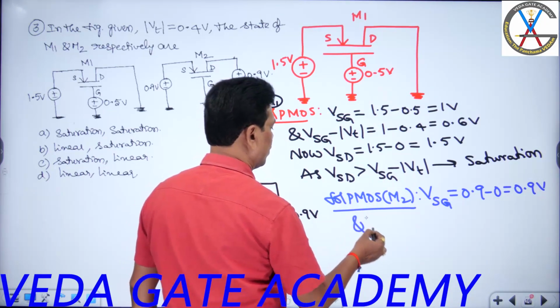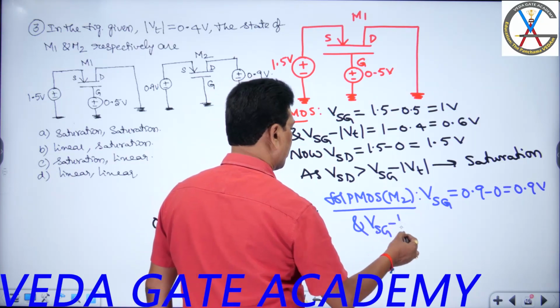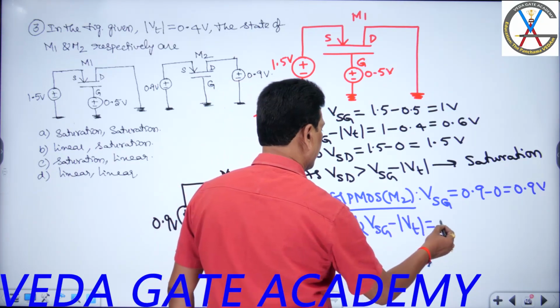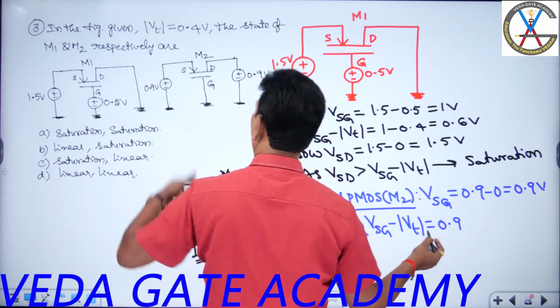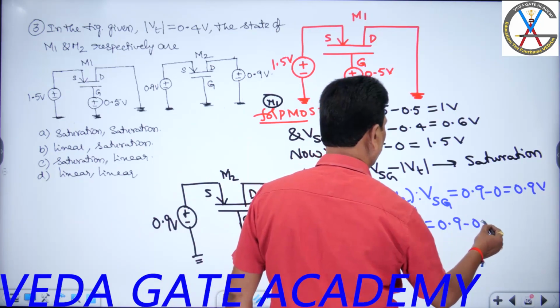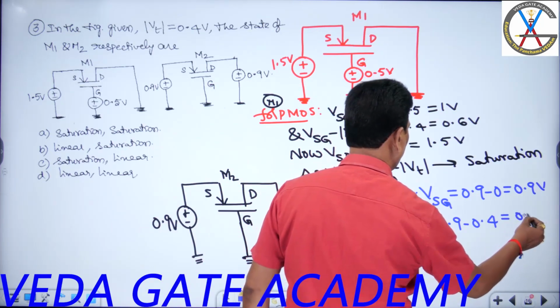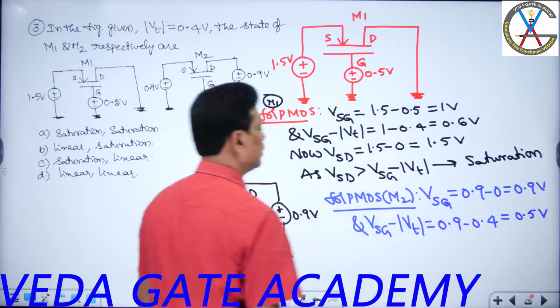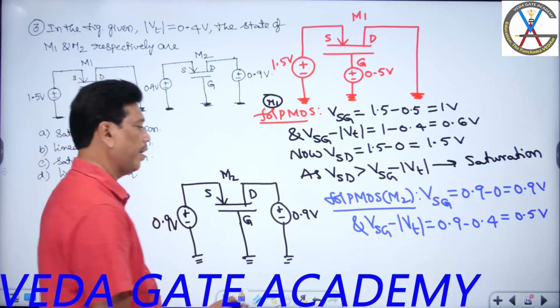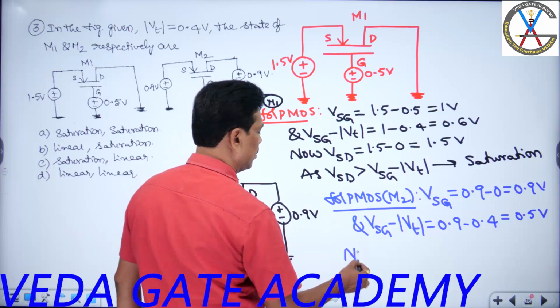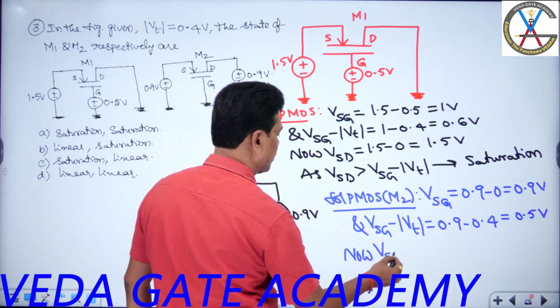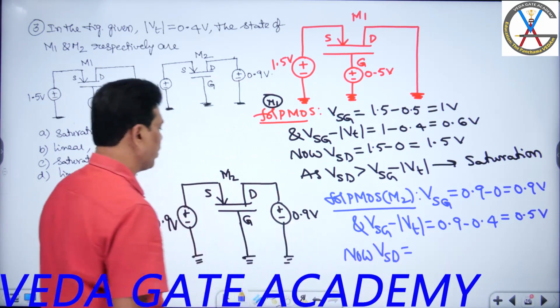And VSG minus modulus of VT, students: 0.9, modulus of VT is 0.4, that becomes 0.5 volt. Confirm. Now I go for VSD, students. VS minus VD.